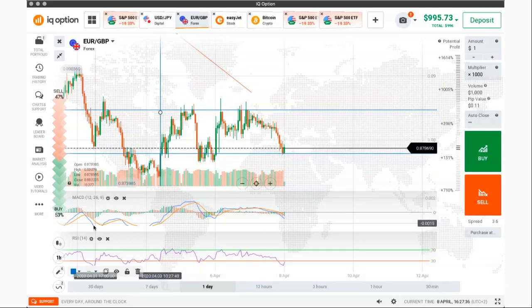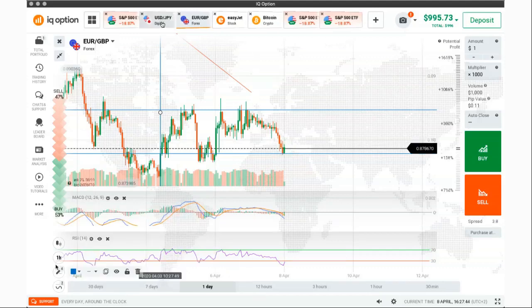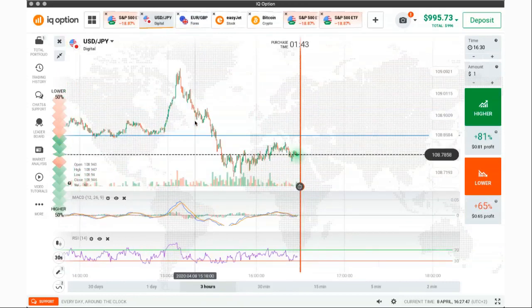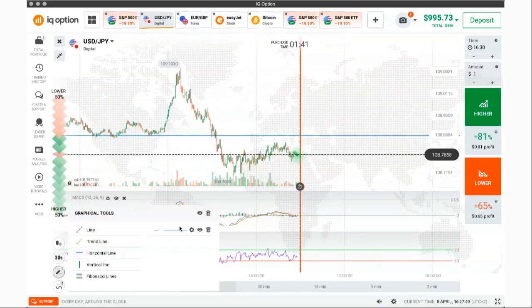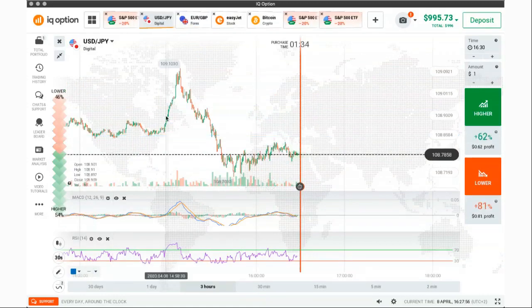And then there's Fibonacci. Okay, now Fibonacci is slightly more complicated, so I don't know if I want to go into it too deeply. But it's basically a predetermined set of support and resistance lines. Okay, and the way they work is they show us different points.